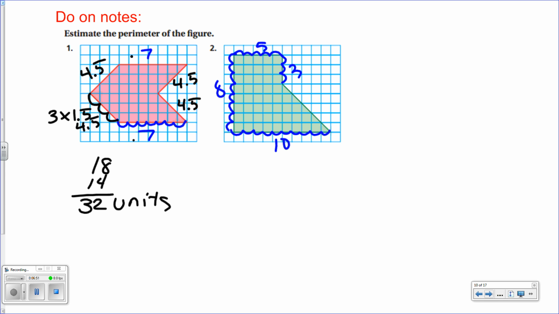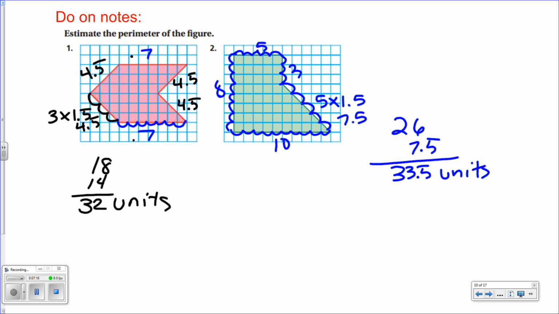And then we've got these diagonals. 1, 2, 3, 4, 5. So 5 times 1.5 is going to be 7.5. And you should have added each of these up. 10 plus 8 is 18. Plus 5 is 23, plus 3 is 26. So we have 26, and we're adding 7.5 to that, which should give you 33.5 units. So that's how you find the perimeter when you're estimating.